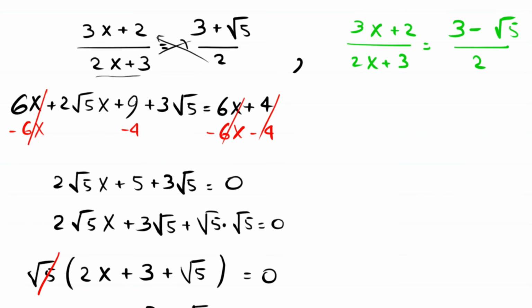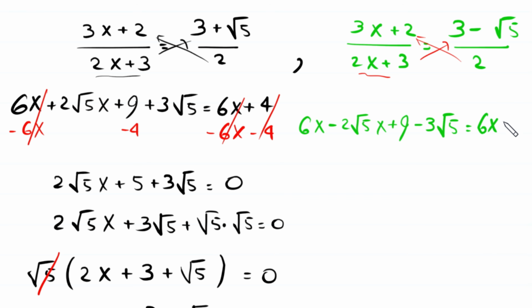And for the second case, we multiply this 2x plus 3 by this expression and this 2 by this expression. So 2x times 3 becomes 6x. 2x times negative root 5 is negative 2 root 5 times x, and 3 times 3 is 9, 3 times negative root 5 is negative 3 times root 5, equal to 2 times 3x is 6x, and 2 times 2 is 4.